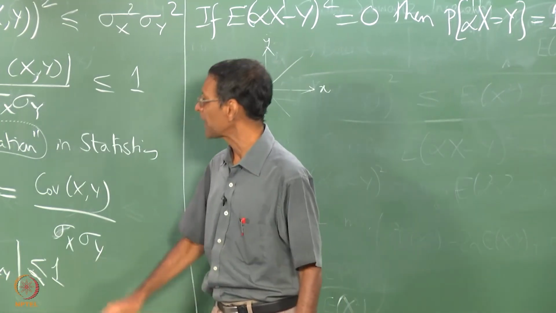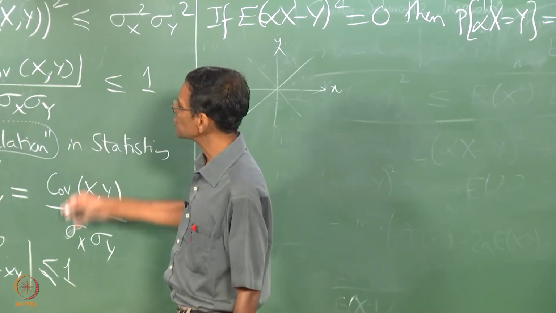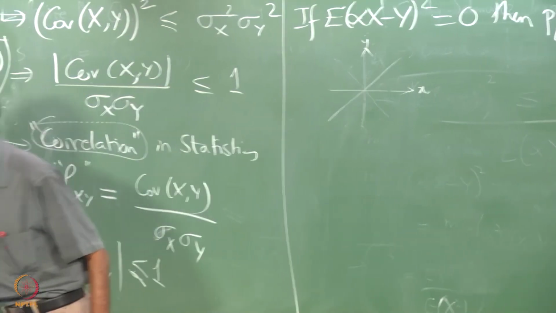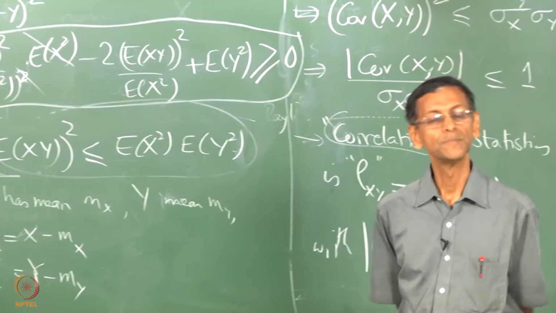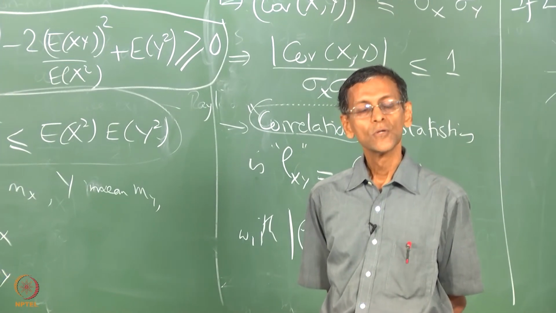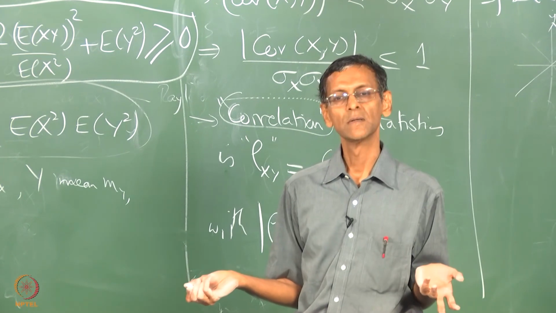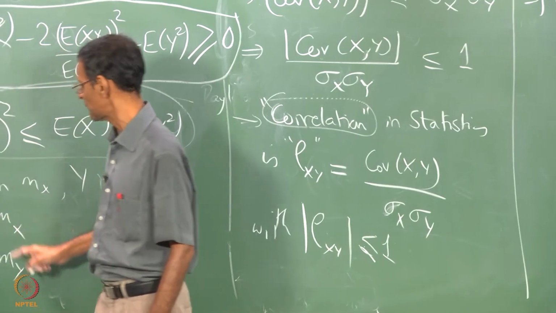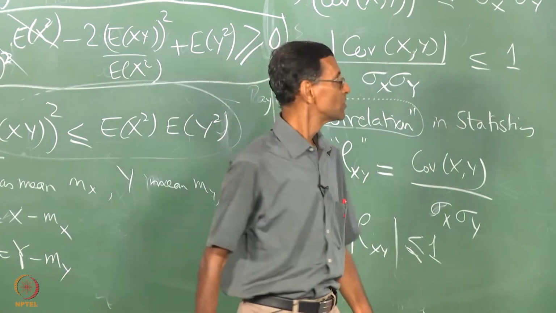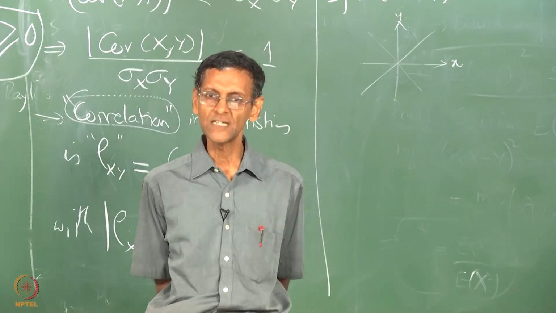Here if rho equal to plus 1, then you can go back and check that the mean removed random variables are related by this alpha. So you can get basically some ax plus b type of relationship. The ax plus b comes because you have removed the mean here. So this line does not necessarily have to pass through the origin, it can be any straight line anywhere.